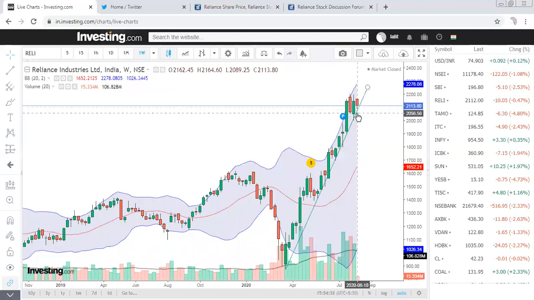A break below this support line, that is a close below 2090 or lower for the coming week, would potentially signal a downturn, and then a break below 2000 would signal a downturn over the medium term for the next 2 to 3 months.